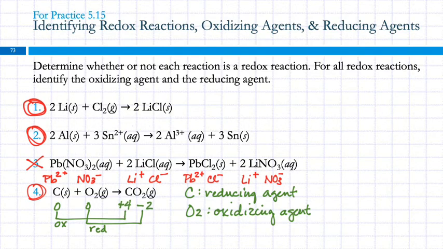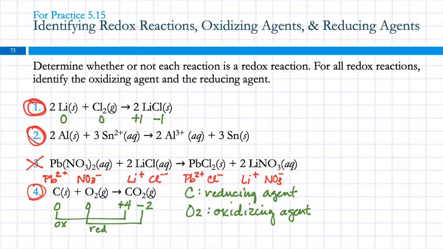Okay, let's look up here. Lithium and chlorine reacting to form lithium chloride. So this lithium here, what's its oxidation state? It's the same as its charge. 0. And the chlorine? 0. This is an ionic compound. What's the charge on the lithium ion? Positive 1. And so its oxidation state is +1. And chloride ion has a -1 charge, has a -1 oxidation state. Lithium goes from 0 to +1.